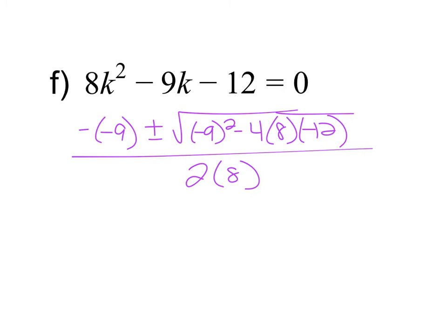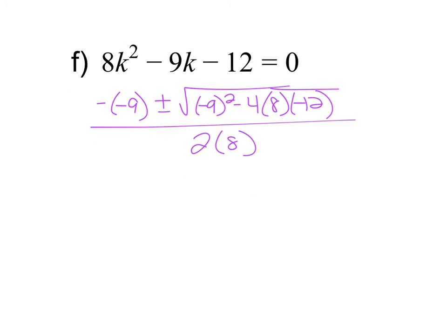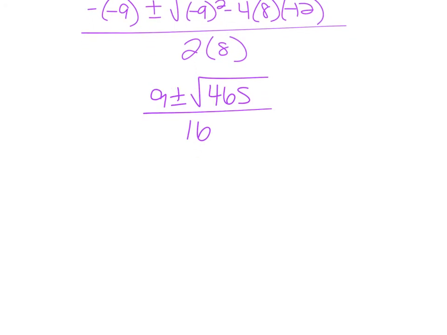So this would give me 9 plus or minus the square root of 465 all over 16. Okay, I just double checked. 465, you cannot simplify it. There are no perfect square factors. We've looked at it again, so we are finished. That is our answer. Making it too easy on you guys.